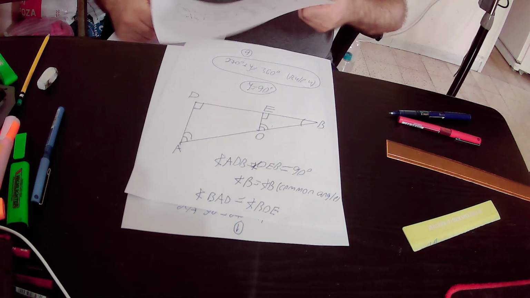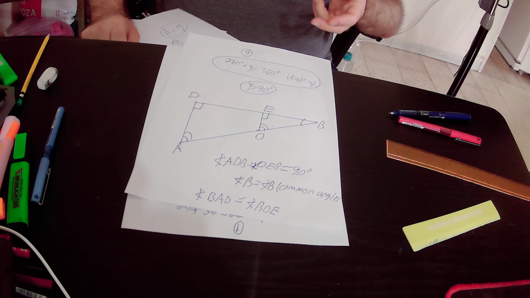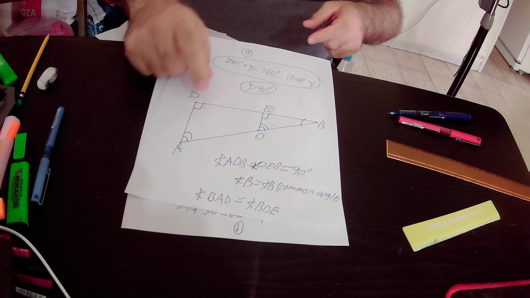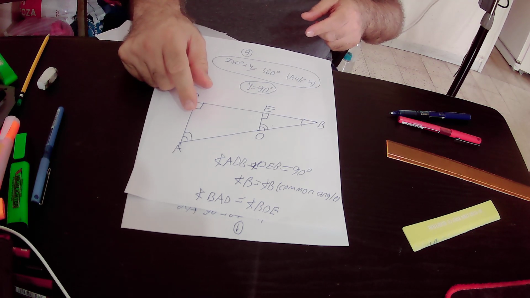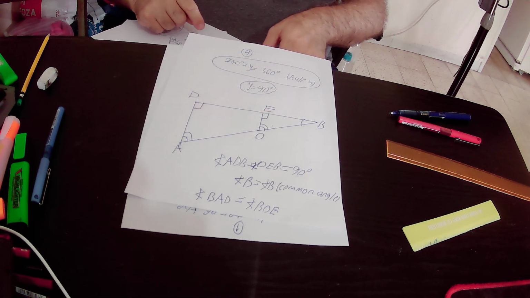The third angle theorem says that if you have two triangles that are equal between them in two angles, then the third pair of angles must also be equal between those two triangles, because it is complementary to 180 degrees. So we actually proved that all the angles in the big triangle ADB are equal to all the angles in the small triangle OEB.